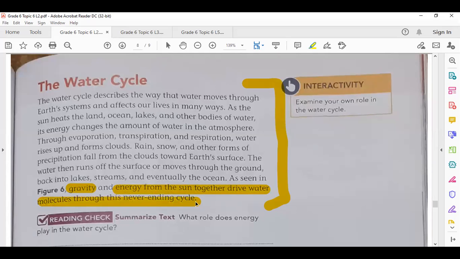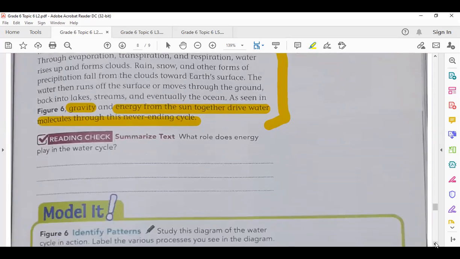So the water cycle depends on two things to continue: energy from the sun and gravity. Without gravity, water never falls to the ground. Without gravity, water will stay in the clouds, and without energy from the sun, water will not evaporate. So you have to understand this point.